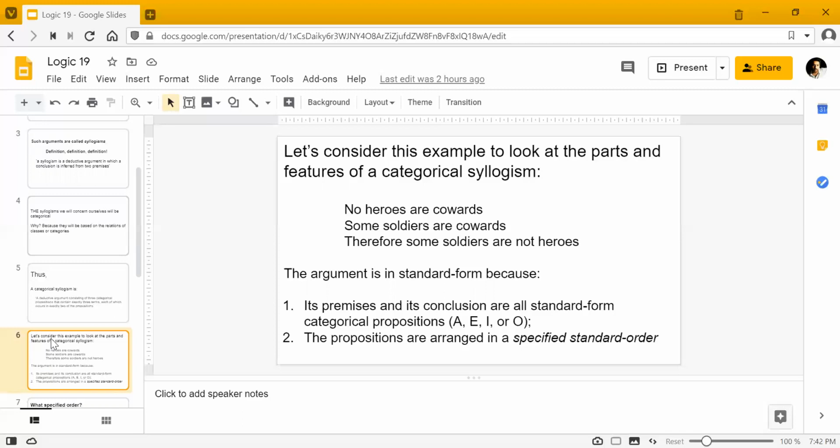The second, very important part is that these propositions are arranged in a specified order, and this particular order is what standard order is. I'll be talking more about what this standard order is.